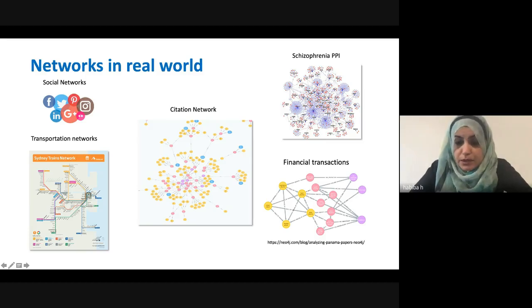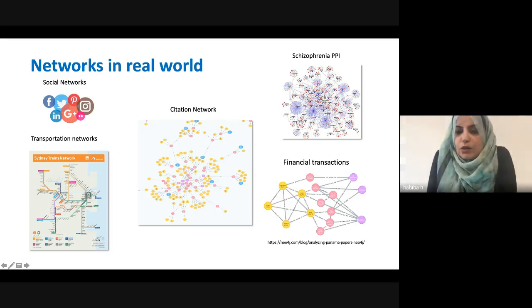This is, for example, the data from the Panama Papers leak, which primarily deals with the offshore companies different organizations or individuals have created in tax havens to avoid taxes, and there have been tons of studies done on how to analyze these kinds of transaction networks to investigate who is avoiding taxes, who is hiding money, etc.